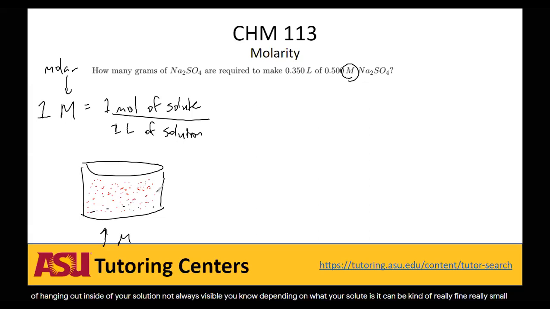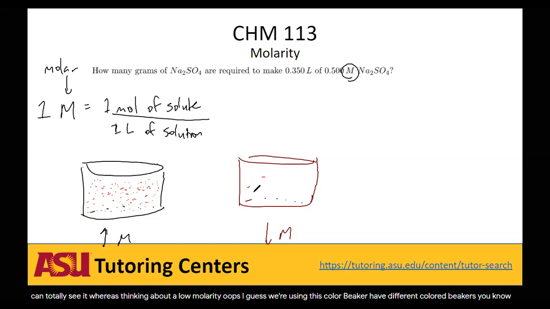Whereas a low molarity, in a different colored beaker, looks like there's just less solute per liter. See how dense this is and how not all that dense that is? Essentially it's the concentration: how much do you have per liter of solution?